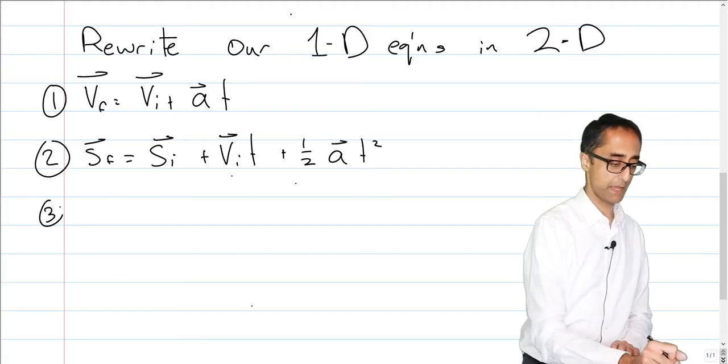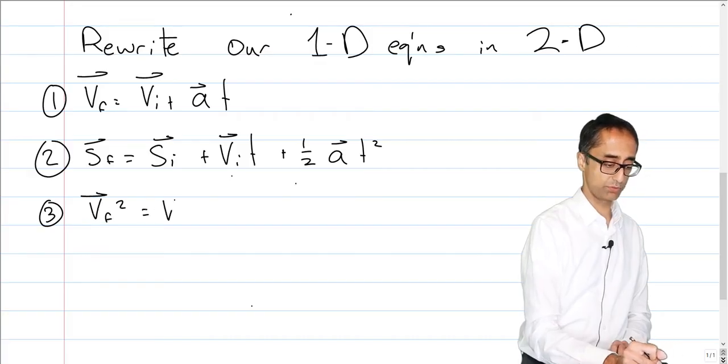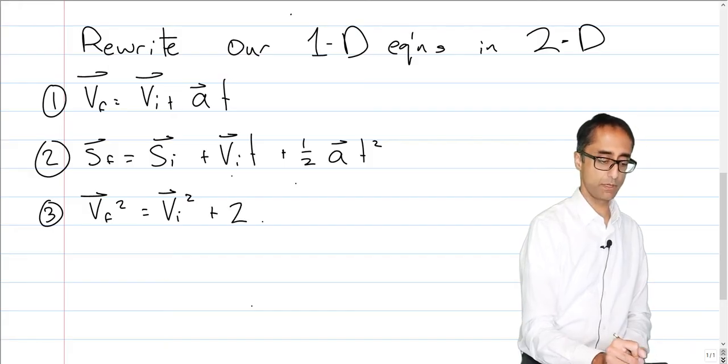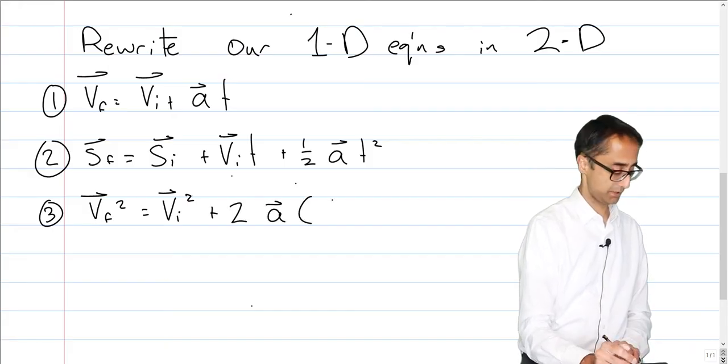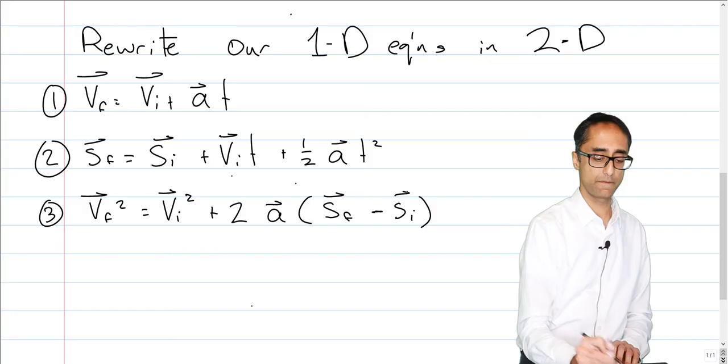All right, and finally, our third equation, Vf squared is equal to V initial squared plus 2 times acceleration times our displacement, which is our Sf minus Si vectors.